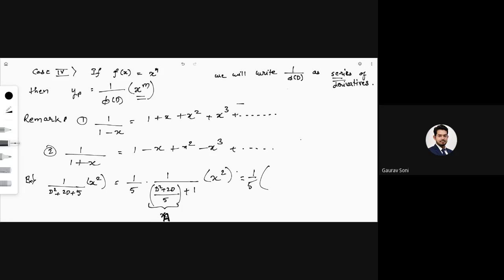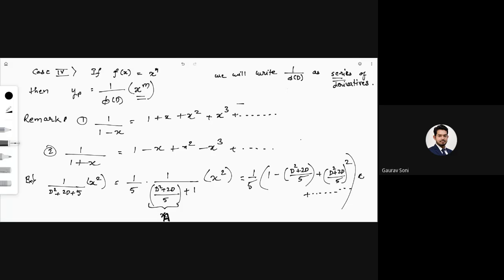Use the 1 upon 1 plus x series. The second one, what we will get? 1 minus d square plus 2d divided by 5 plus d square plus 2d divided by 5 whole square, dot dot dot to infinity, times x square.